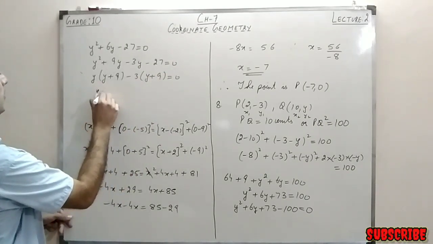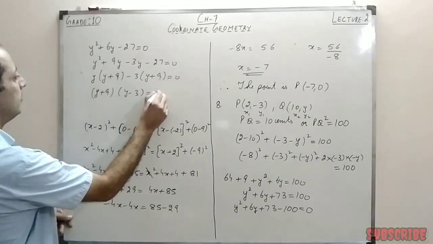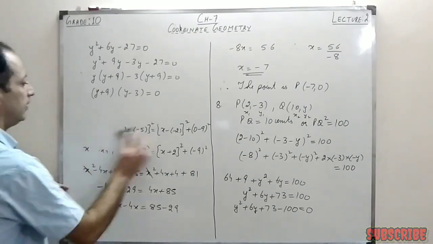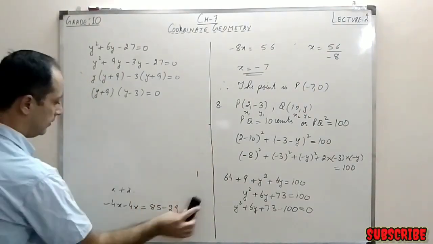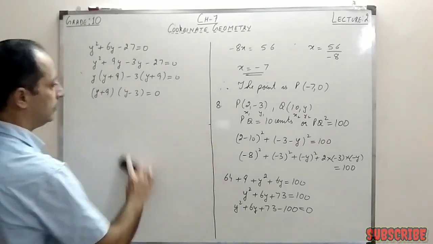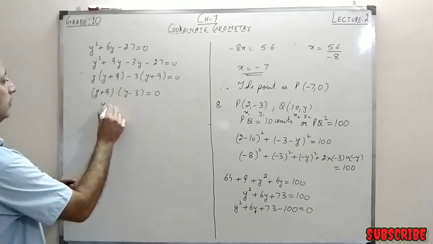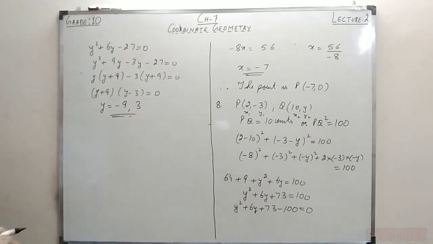So, this is (y plus 9) and (y minus 3) equals to 0. So, we get two values of y here, y equals to minus 9, 3. So, both the values would be correct.